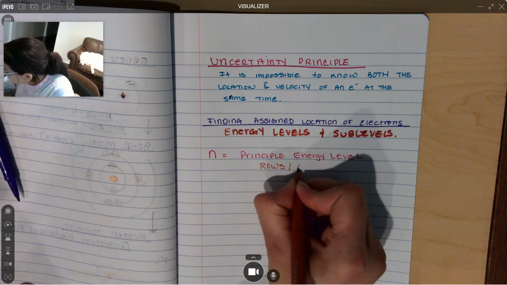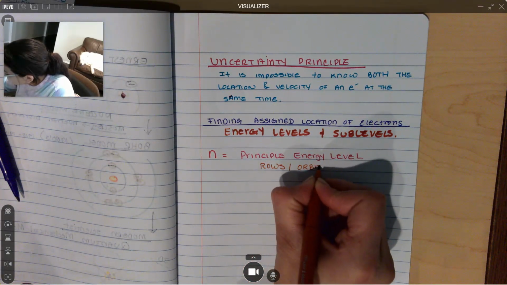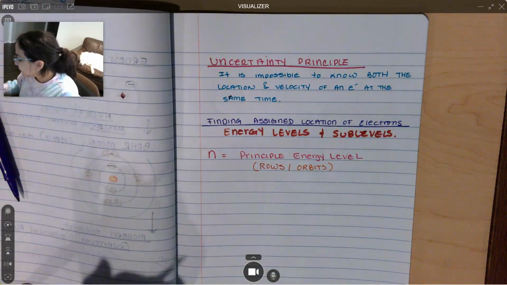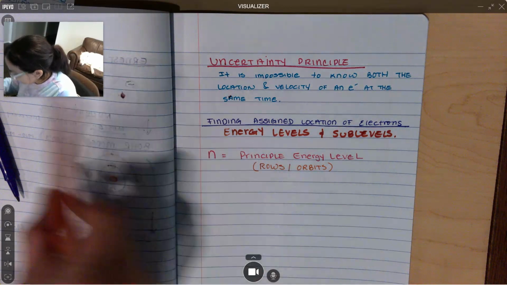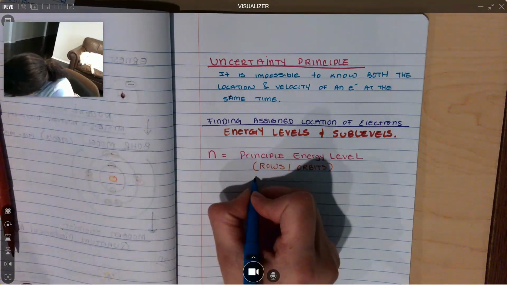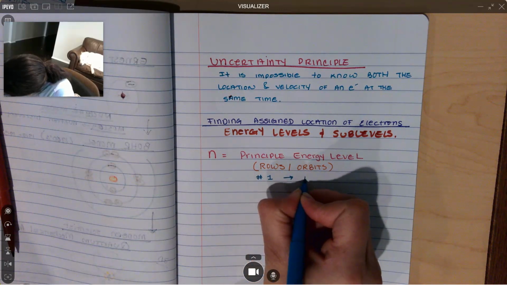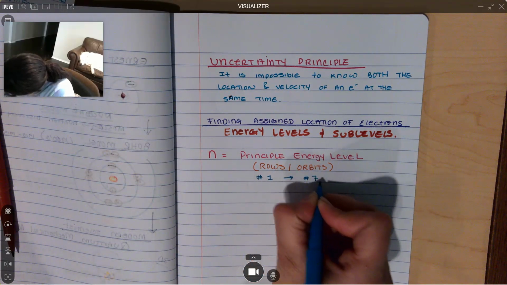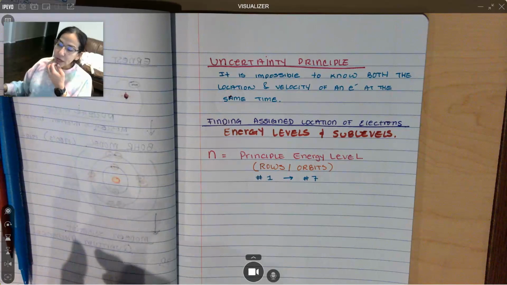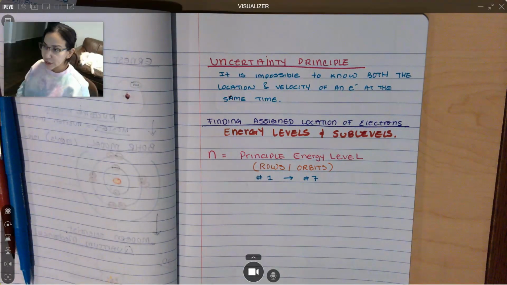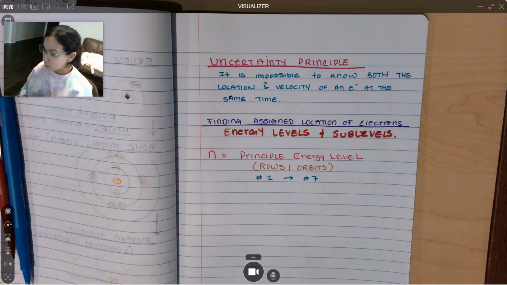And these rows are your orbits. Okay? And there are 7 rows on the periodic table. So that means your numbers can range from 1 all the way to 7. Okay, so if you look at a periodic table and you go from up to down and you count all those rows, you're going to have 7 main rows.